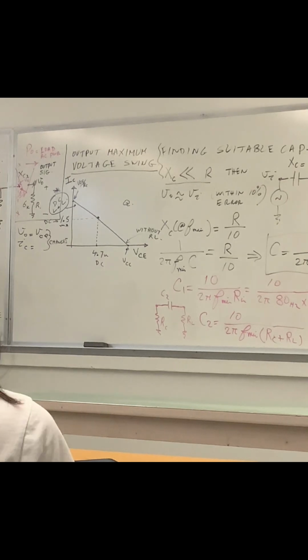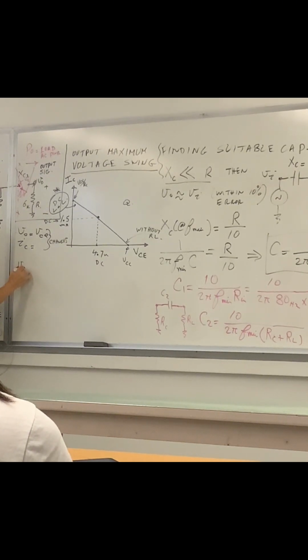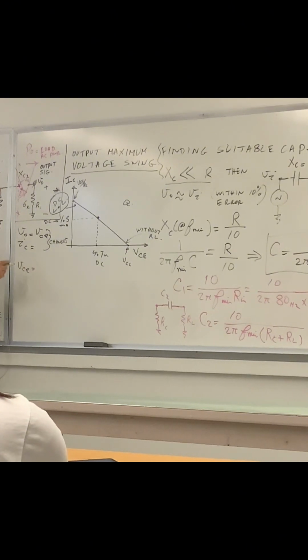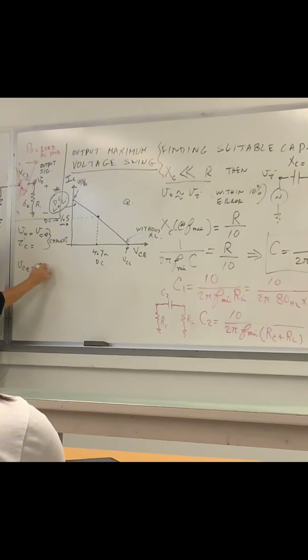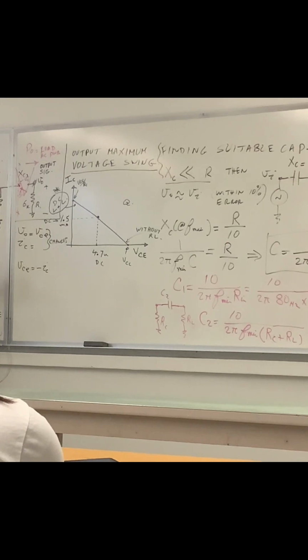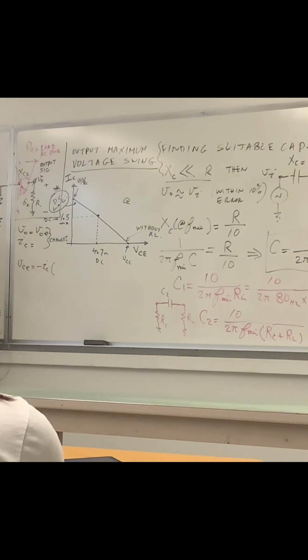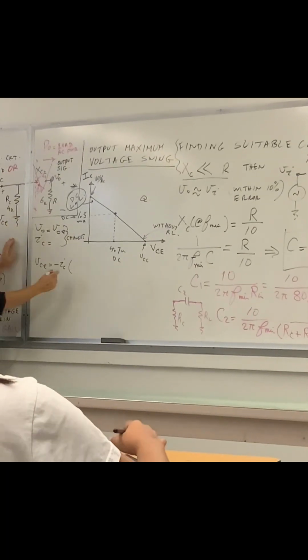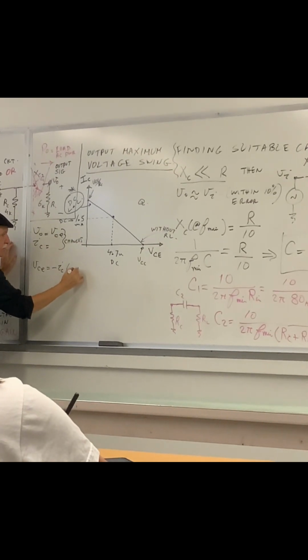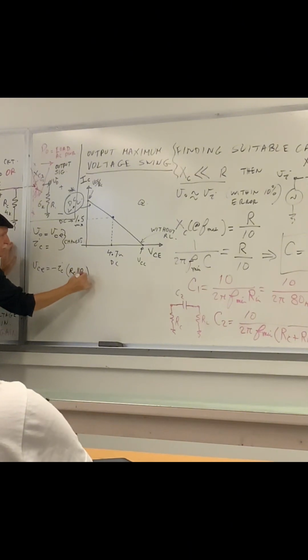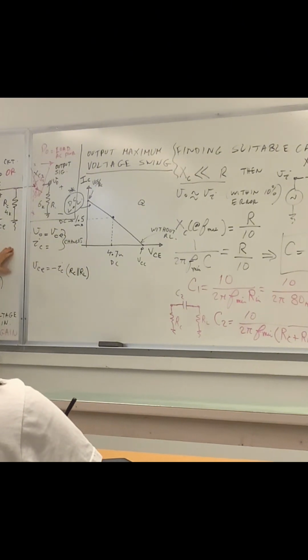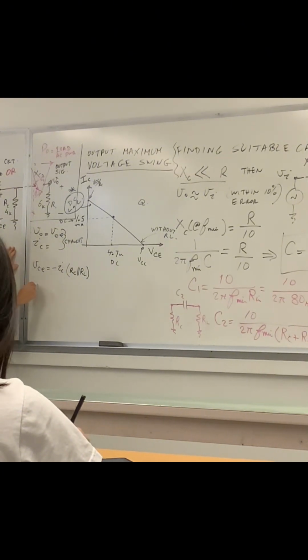Voltage from here to here, VCE, which is the same as VO, is equal to minus IC multiplied by not just RC, but RC parallel with RL. So guess what is the slope in here?